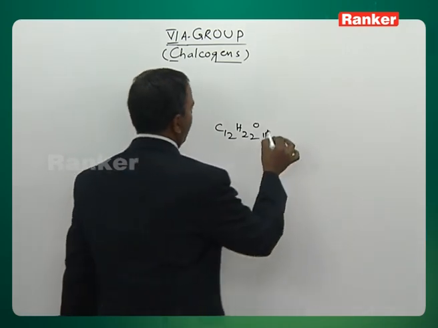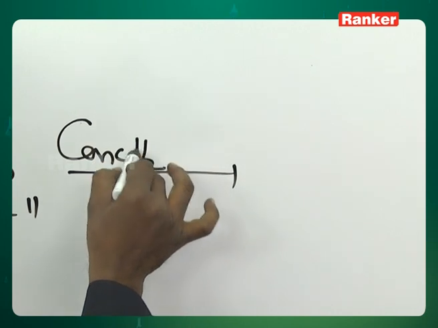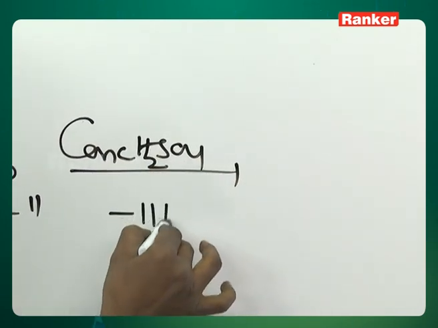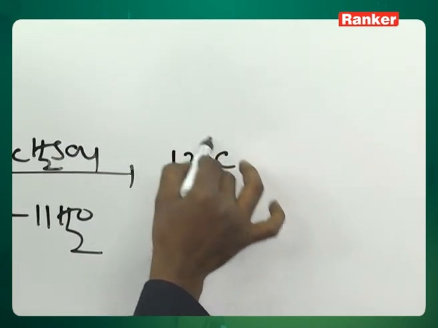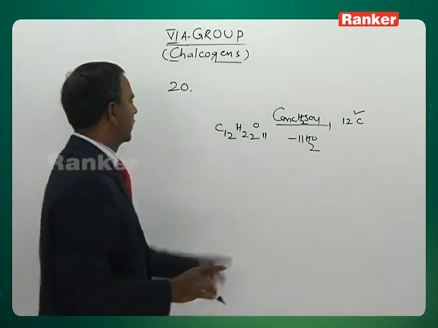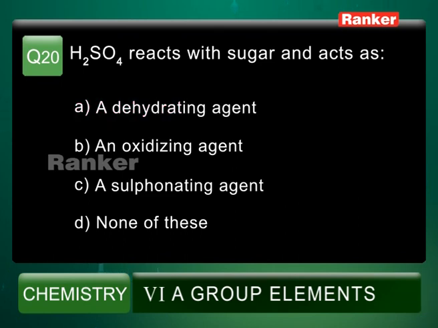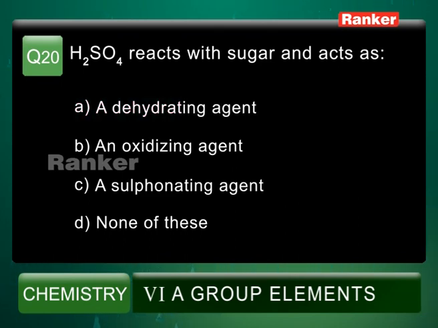This with concentrated sulfuric acid, dehydration takes place, minus 11 H2O, then you are getting 12 carbon. This reaction is dehydration of sugar. So for question number 20, answer is A, dehydrating agent.